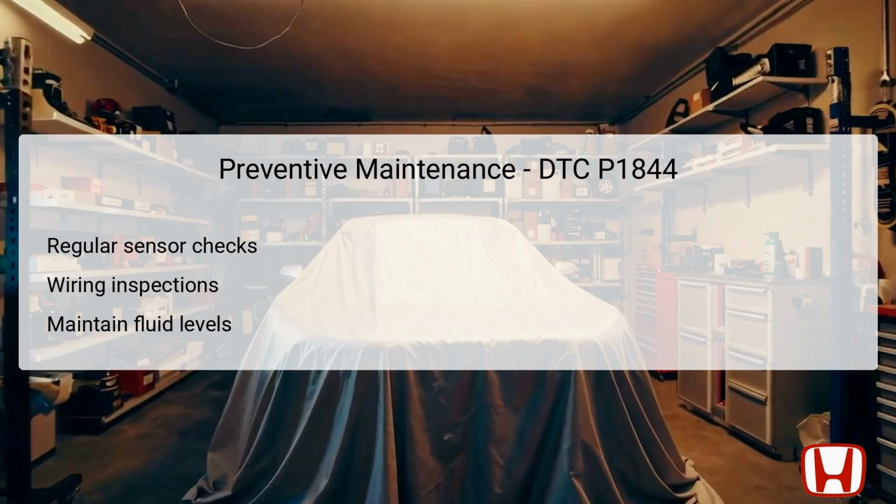Additionally, maintaining appropriate transmission fluid levels is essential, as insufficient or contaminated fluid can lead to sensor errors or TCM malfunctions. By implementing these preventive measures, vehicle owners can significantly reduce the likelihood of encountering issues related to the CVT system, preserving vehicle function and enhancing longevity.